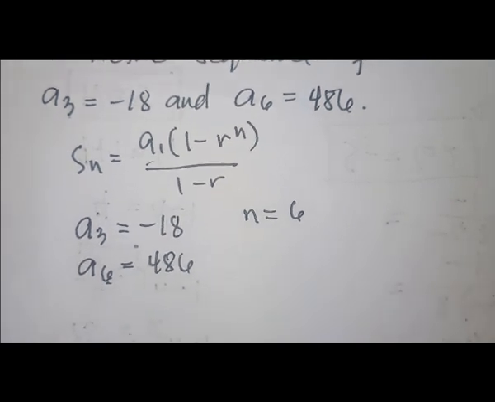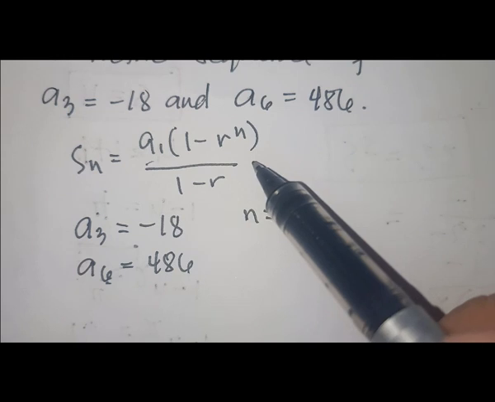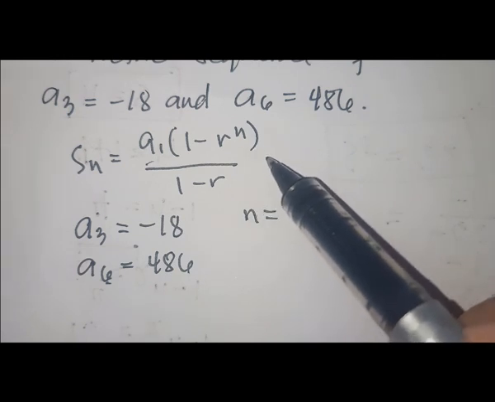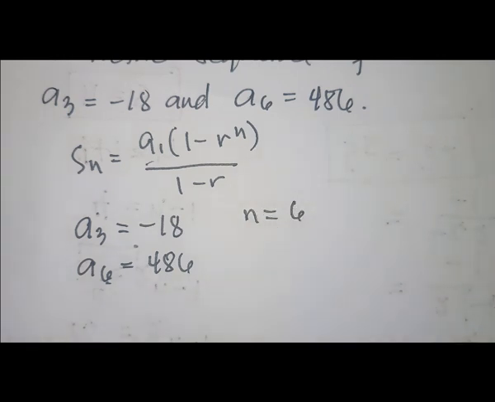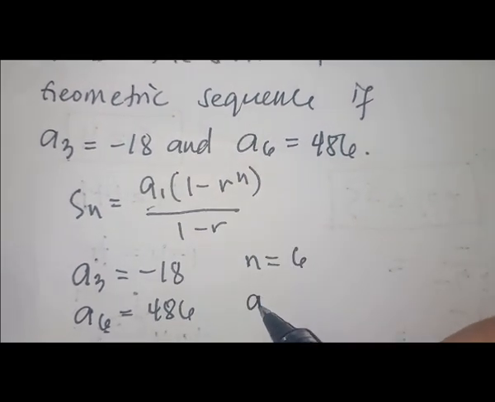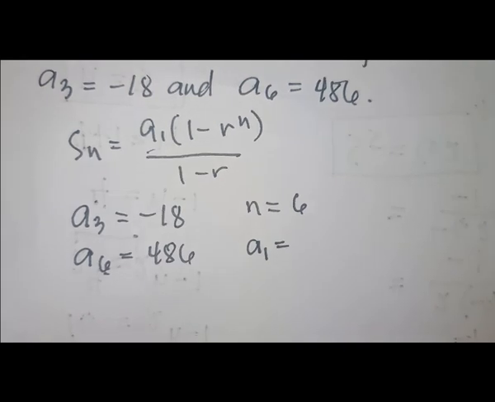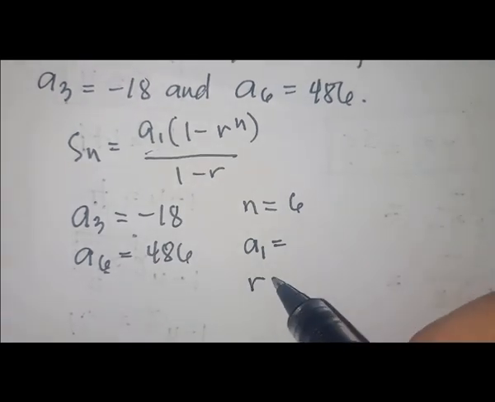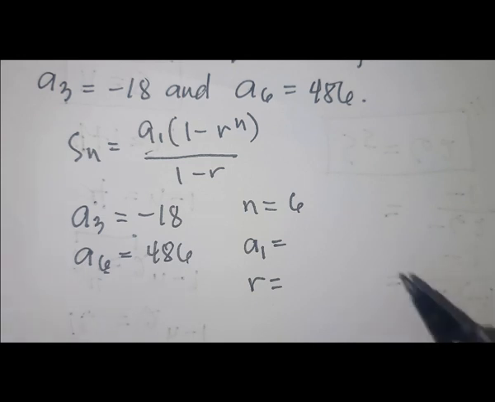Para magamit natin yung formula ng geometric series, kailangan given din dapat yung first term at yung ating common ratio. Okay. So, dahil wala yung first term natin at common ratio, kailangan muna natin silang isolve.